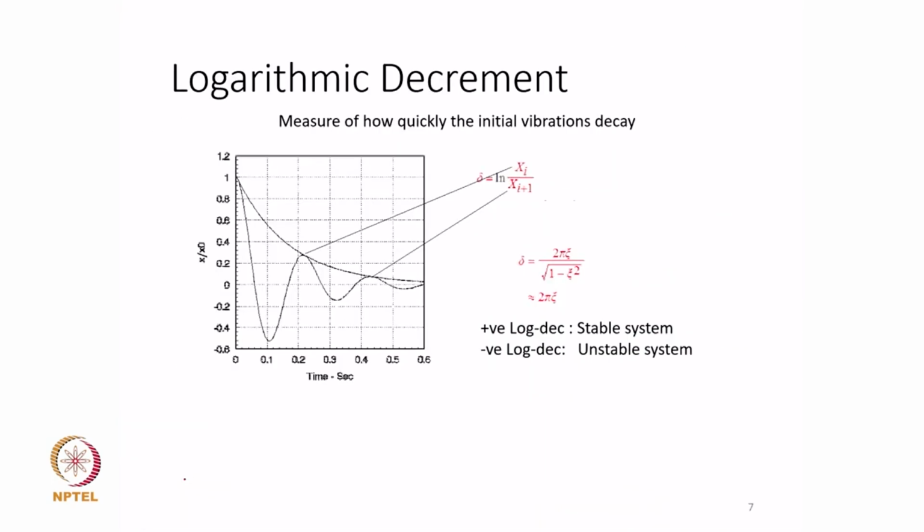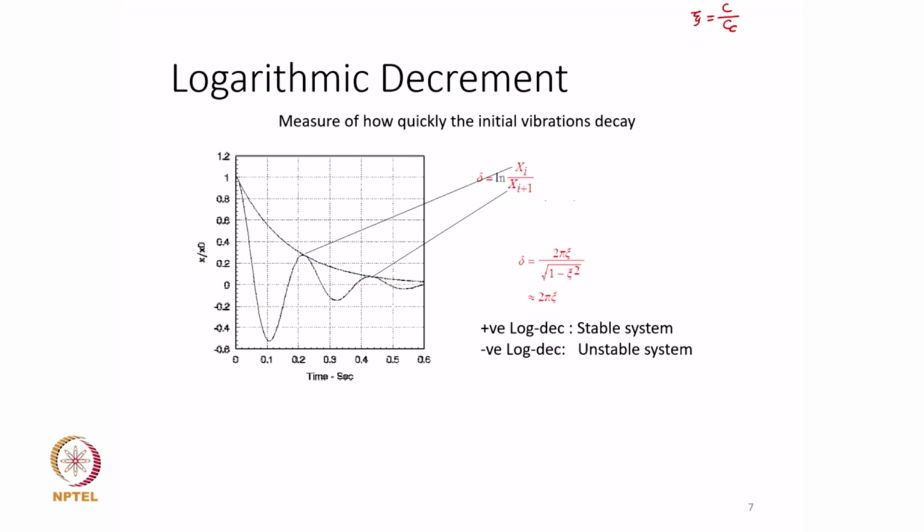Okay. So, the other important parameter which has its practical relevance is a term called logarithmic decrement. Just like the damping factor is a ratio of C over Cc, the actual damping in the system over the critical damping of the system, logarithmic decrement is used more often than the damping factor in practical vibration measurements, right?